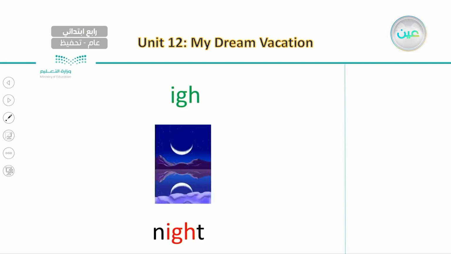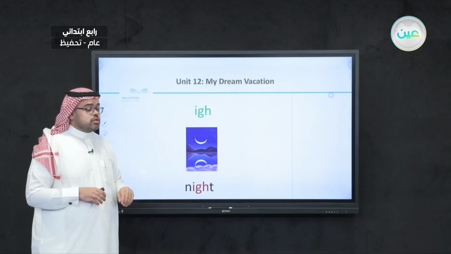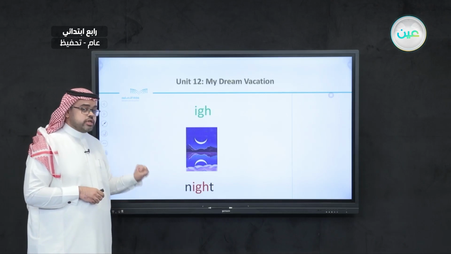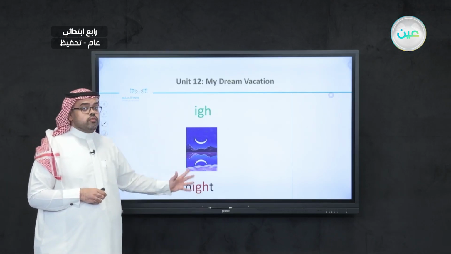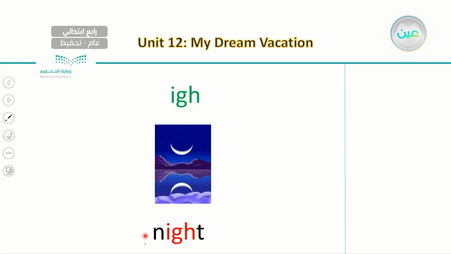So we also have another blend, which is I, G, and H. In this blend, there are two letters that we don't pronounce, which are G and H. For example, the word is night.